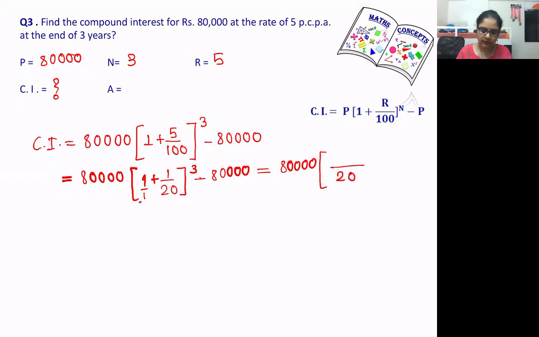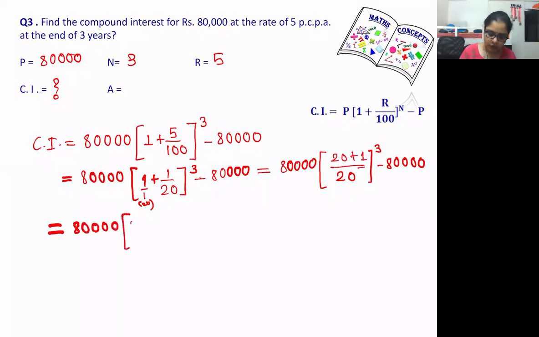So here I should multiply by 20. 20 into 1, 20 plus 1 and cube, minus 80,000. Again, this gives me 80,000 multiplied by 21 upon 20 cube minus 80,000.